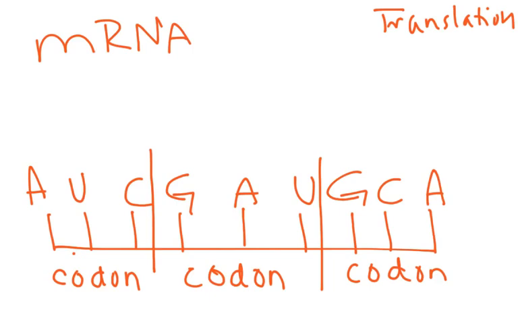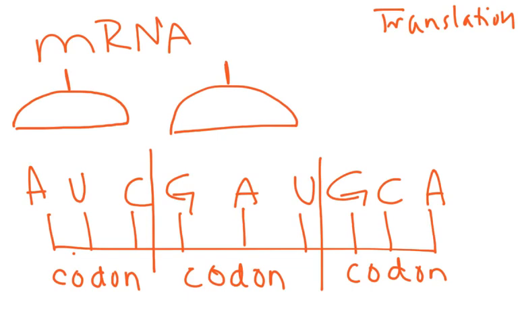The amino acids are attached to a thing called tRNA, and tRNA is transfer RNA. So it's transferring the proteins or the amino acids to the mRNA. We need to go ahead and draw some transfer RNA, and they kind of just look like this. So this is our tRNA.